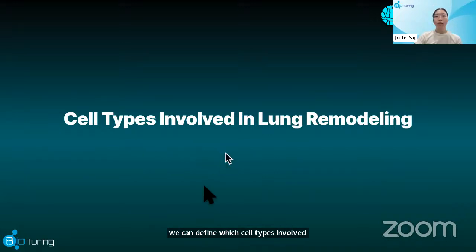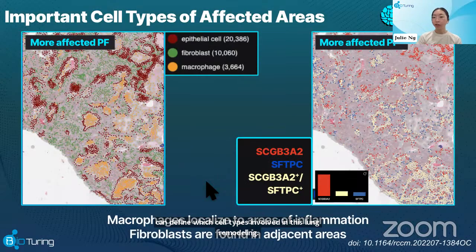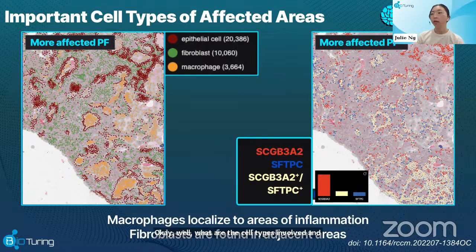So now that we've identified our region of interest, we want to find out what cell types are involved, and whether this region has fibrosis and a lot of scarring. Here on the more affected sample, I performed cell type prediction via meta-reference, and I was able to identify 3 distinct cell types. We have our epithelial cells, our fibroblasts, and our macrophages.